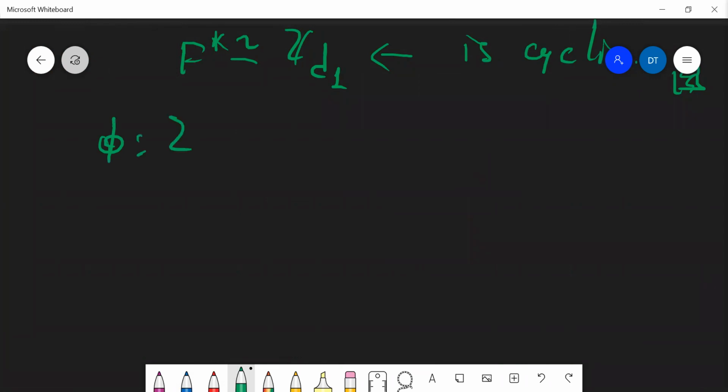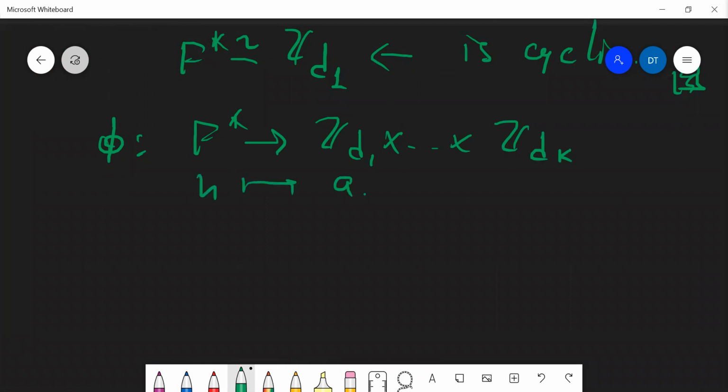If you have a map from F star to this product, which takes h to some sequence a1, etc., ak, then where does h times h go?